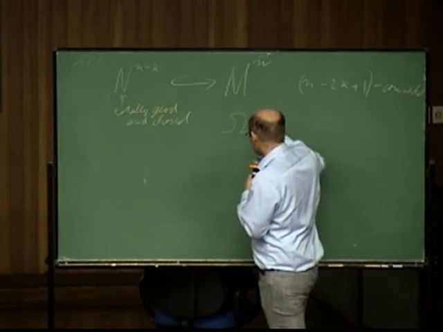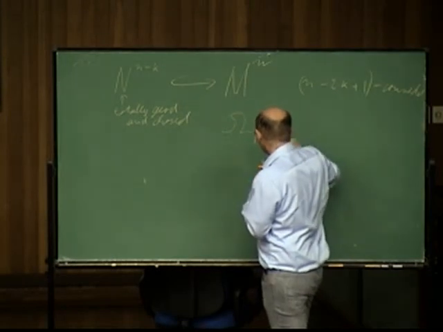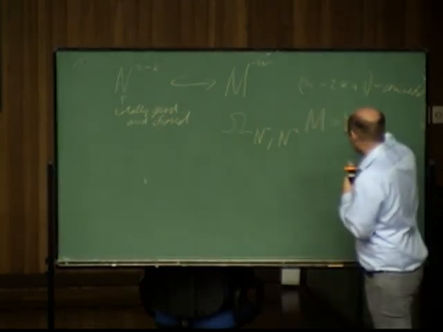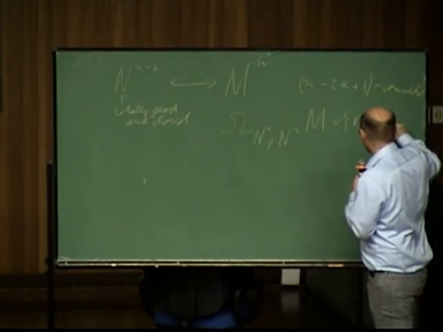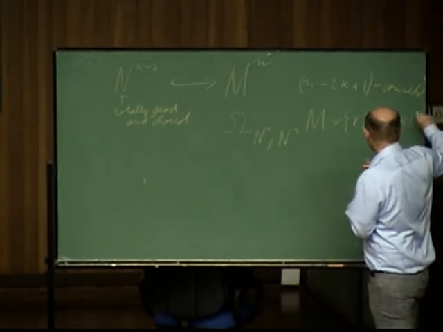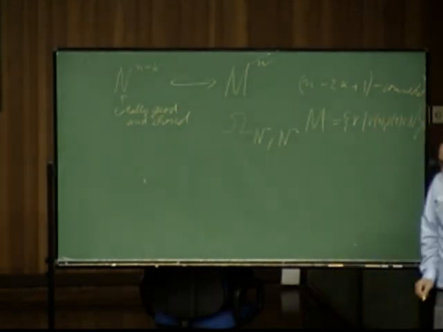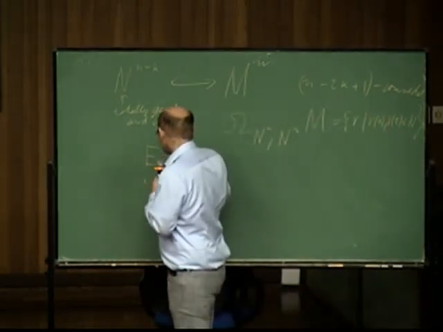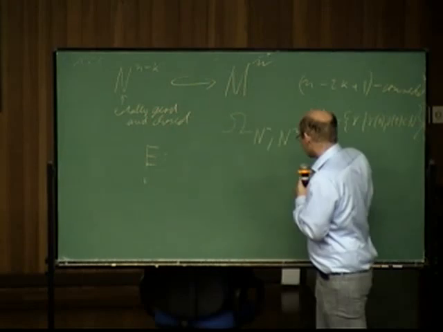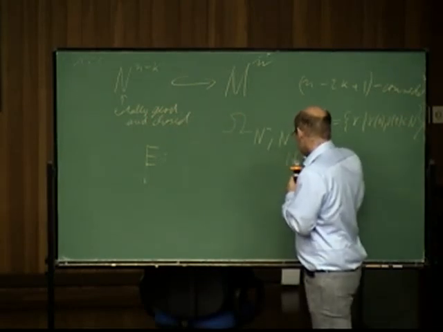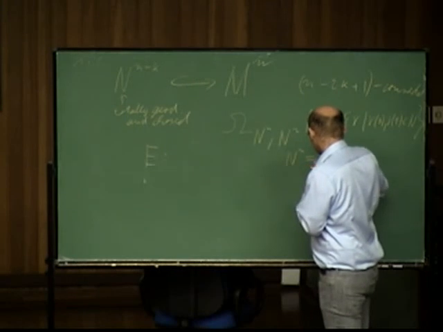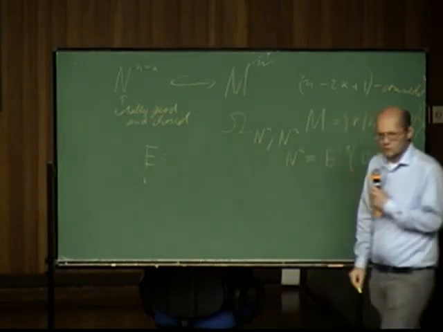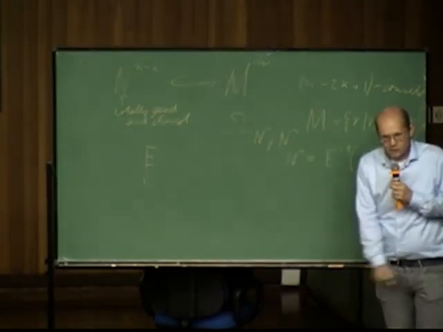You look at the space of all curves that start and end in N, so all gamma with gamma of 0 and gamma of 1 in N. And you do Morse theory on this space. You have the energy function, and of course N itself sits inside this space as the space of point loops, the constant loops.